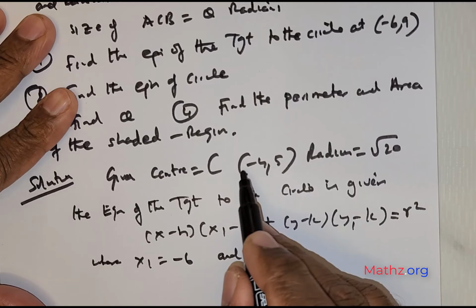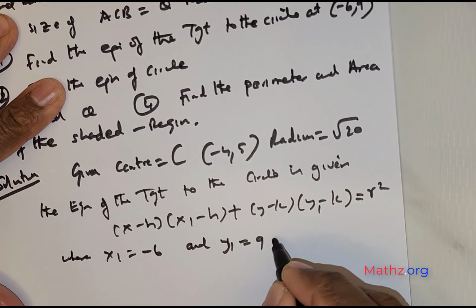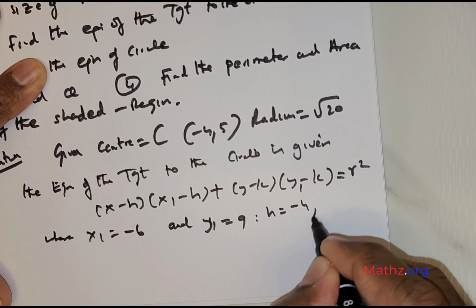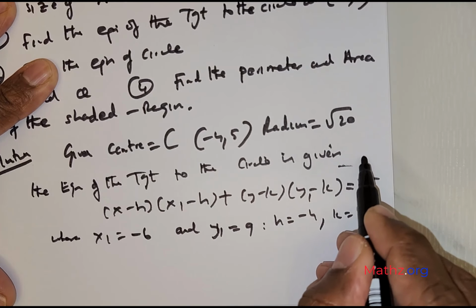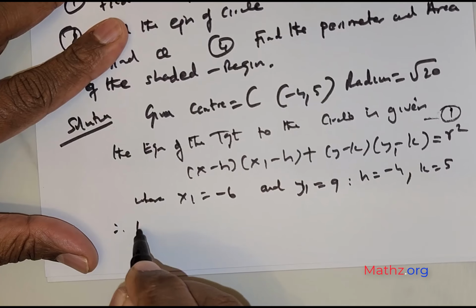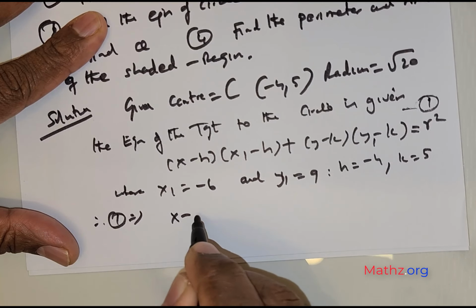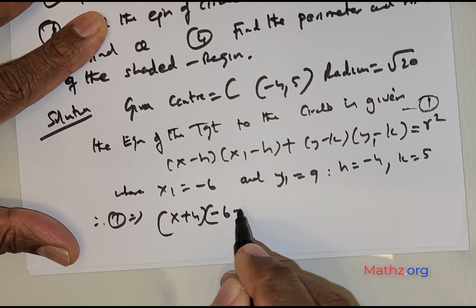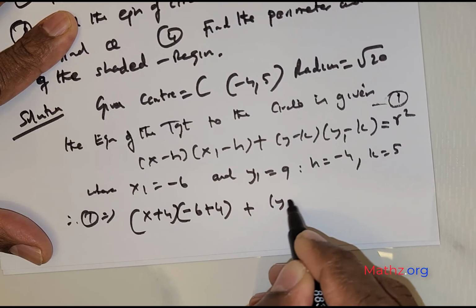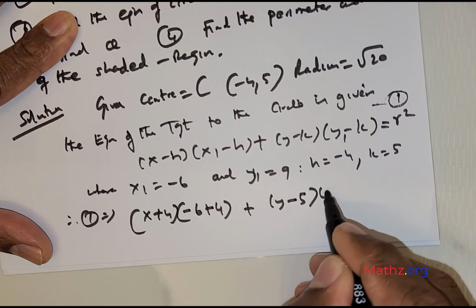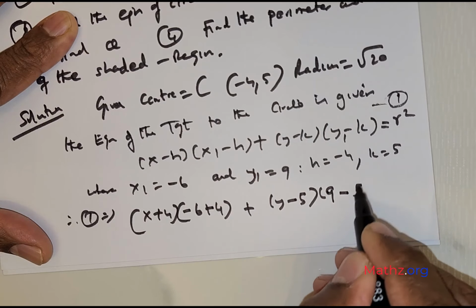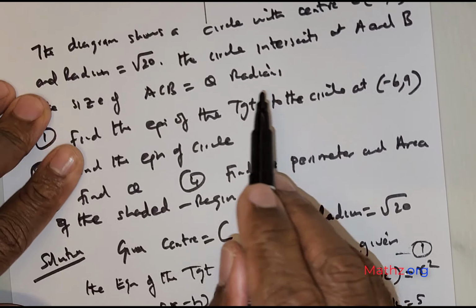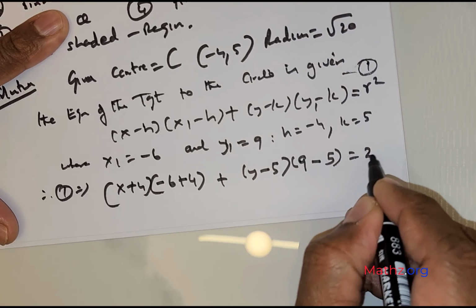Now the center is (-4, 5), so h is equal to -4 and k is equal to 5. So if we were to take this as 1, therefore 1 is rewritten as (x + 4)(-6 + 4) + (y - 5)(9 - 5) = r squared. Now the radius is root of 20, so r squared is going to be 20.